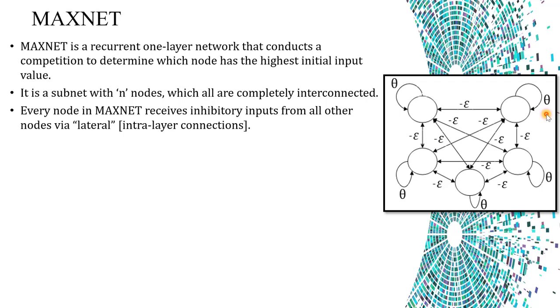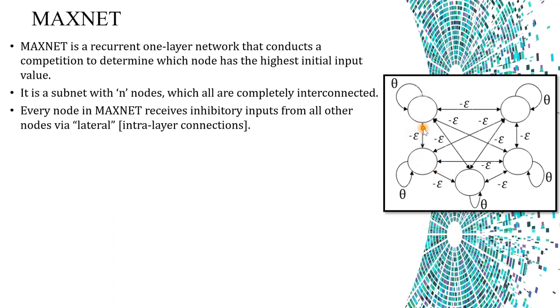Obviously everybody's marks will not be the same. Some person will have better marks than another person, and so on. But these 5 people are competing to become the winner, that is the topper. Now there will be some inhibitory connections between them. What does it mean? This one doesn't want this fellow to become the topper. Similarly, this one doesn't want this fellow to become the topper.